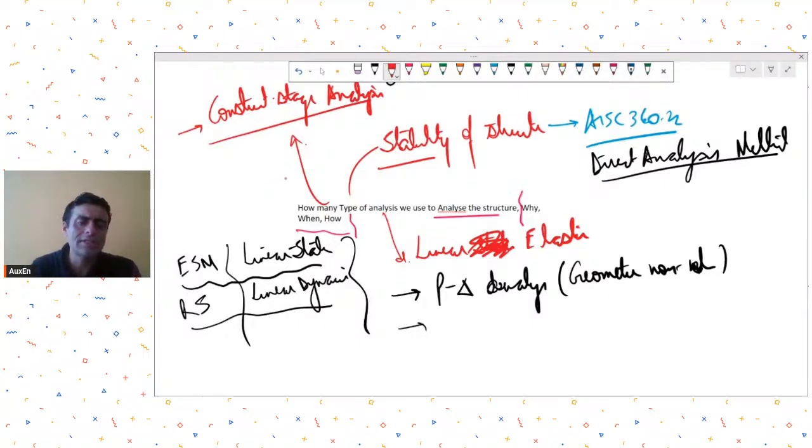So again, it's an analysis procedure, it's not a different sort of analysis that we are doing. So all these things that I have listed down are your different analysis procedures that are given by your code to be checked under different conditions. Okay.